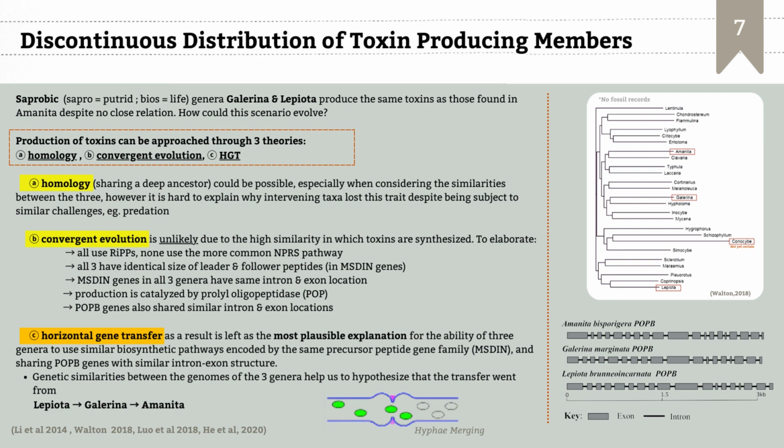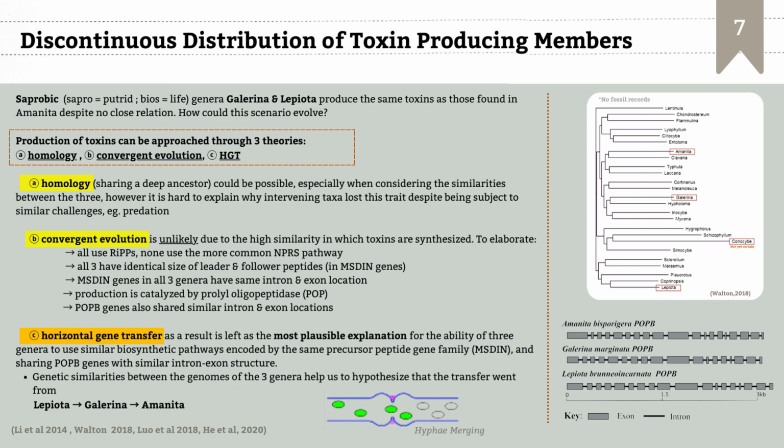So here's a couple of things listed here. I think the biggest one is the fact that the MSDIN and POPB gene families have similar intron and exon locations. So this means that horizontal gene transfer is the most plausible explanation for the three genera to be using similar biosynthetic pathways, and that they're encoded by the same precursor peptide family.